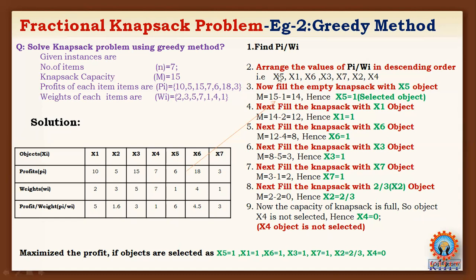So when item 5 is placed in the knapsack, the weight of item 5 is 1. The capacity of the knapsack is 15 and we subtract it, so we get 14. In this case, we have selected the complete item, so x5 is equal to 1. 1 indicates placing the complete item into the knapsack.